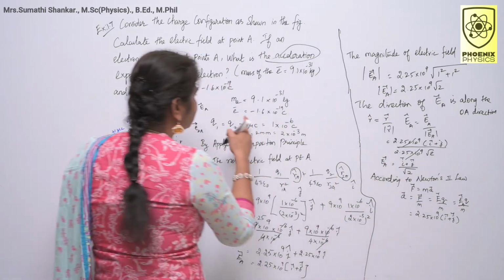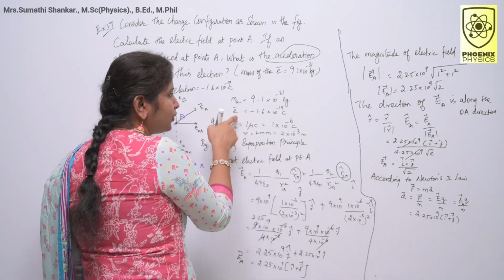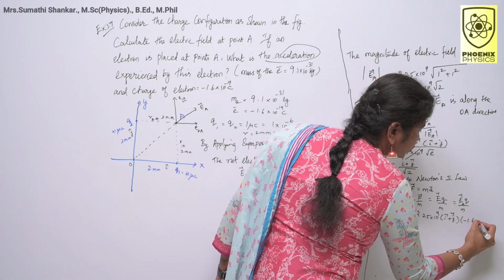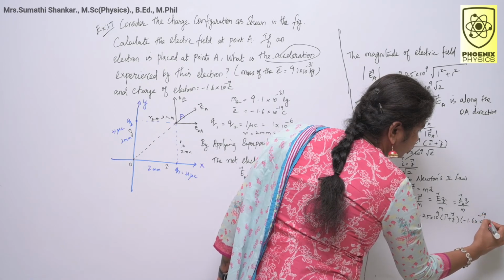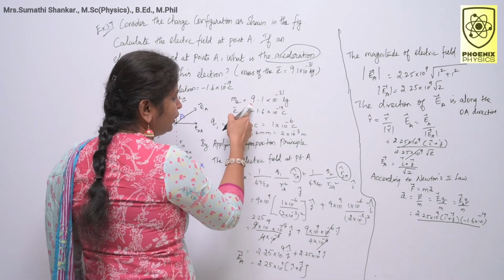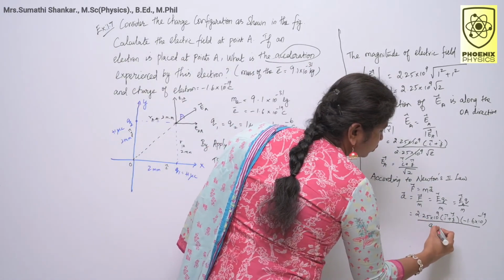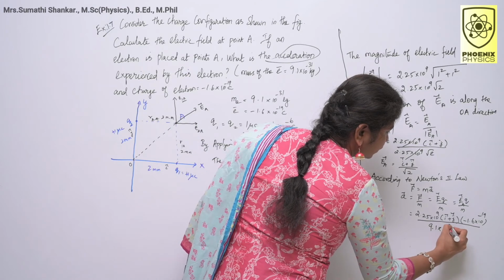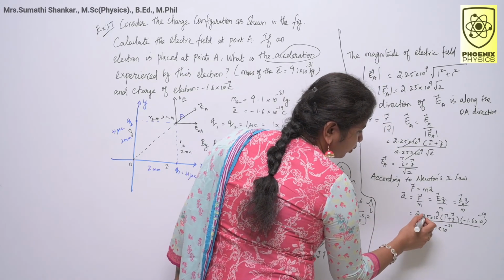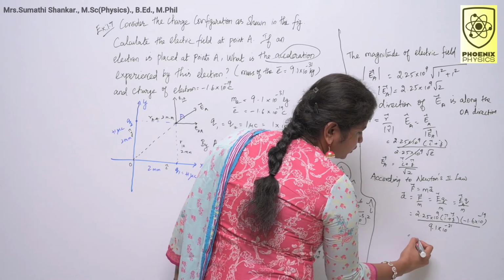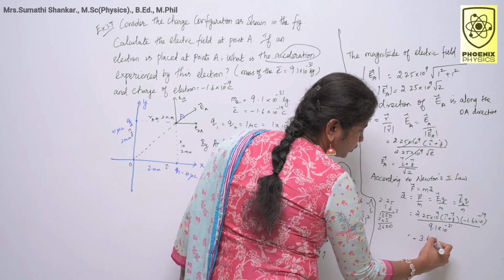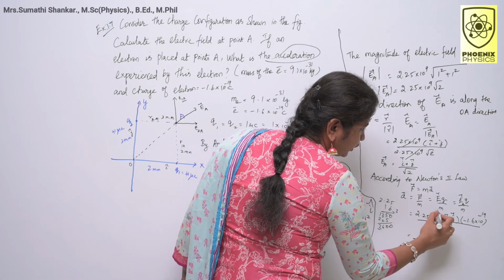Q is nothing but the charge. Charge of the electron is given, that is minus 1.6 into 10 to the power of minus 19 coulomb, divided by the mass of the electron, which is also given, 9.1 into 10 to the power of minus 31 kilogram. So just multiply 2.25 and minus 1.6, you get minus 3.6 into 10 to the power of 9.